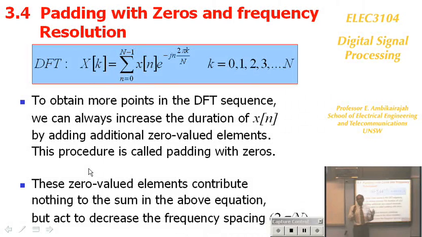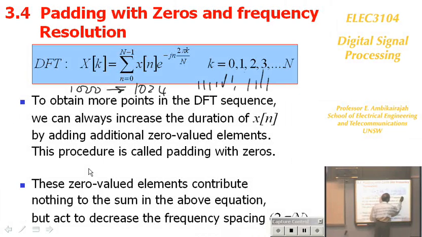So people said, if you have a shorter sample, to make up 1024, you only have 1000 samples, so these are your 1000 values, and you put 24 zeros at the end.